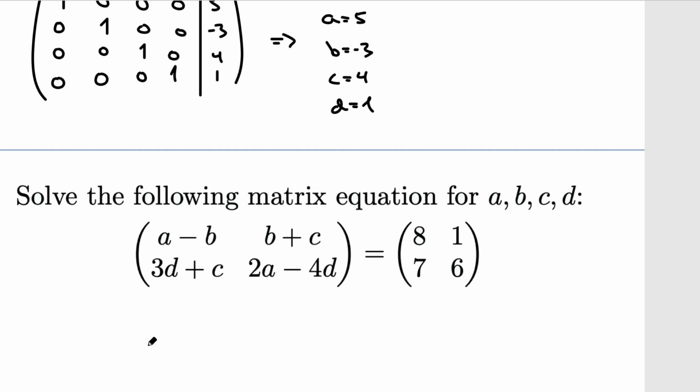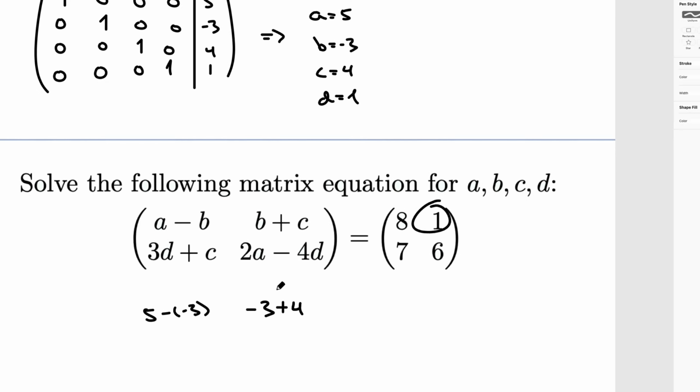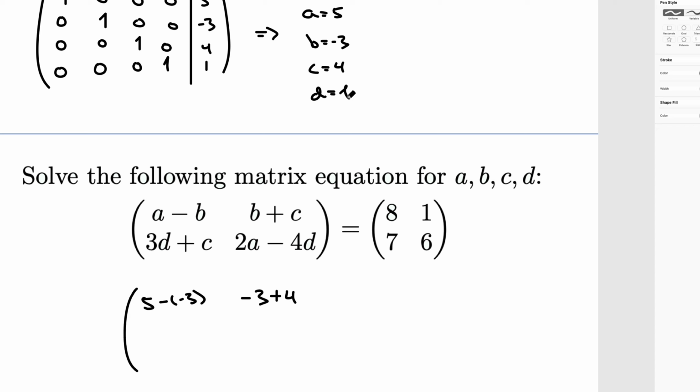So A minus B is 5 minus negative 3, and this is an 8. Okay, and we have an 8 over here, so that's already good. B plus C, that's negative 3 plus 4. That's a 1, and that's this, so that's good. And 3D plus C, so 3 times 1 plus 4. That's a 7. That's a 7.